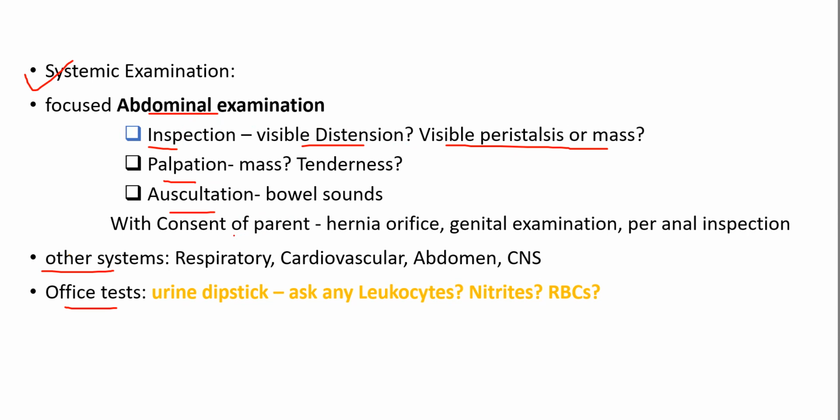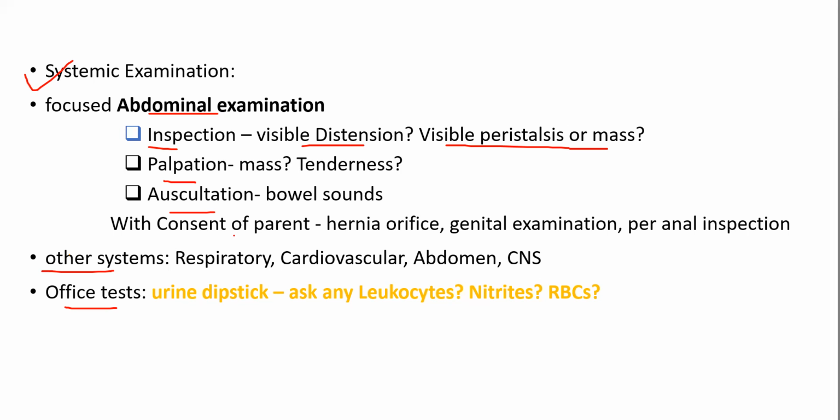And lastly, with the consent of the parent, I will check the hernial orifice to make sure it is not an obstructed hernia. If there is any indication of testicular pain, then I will also check the genitalia for any sign of testicular torsion, and also do a perianal inspection for any sign of diarrhea.